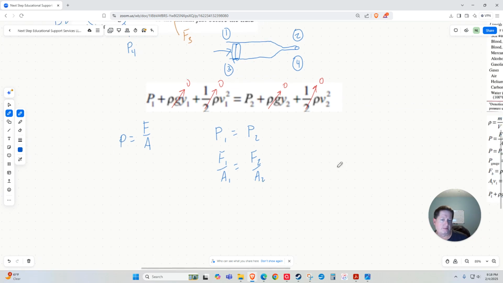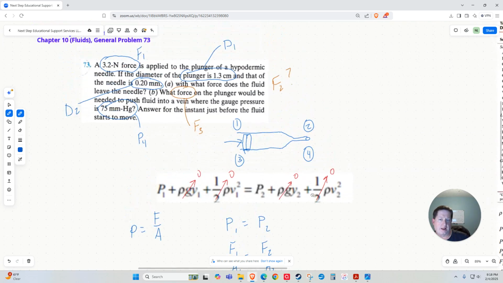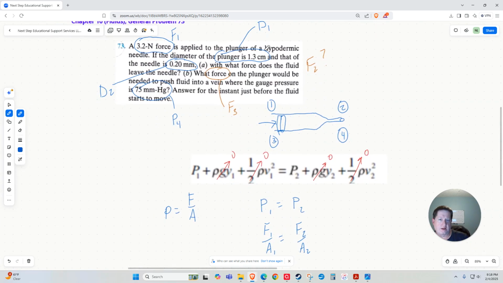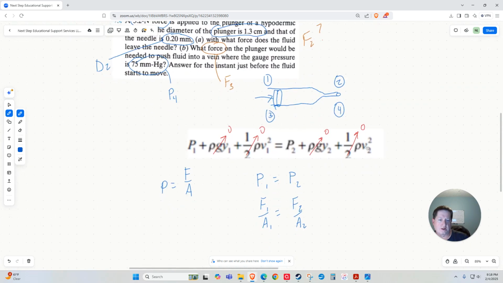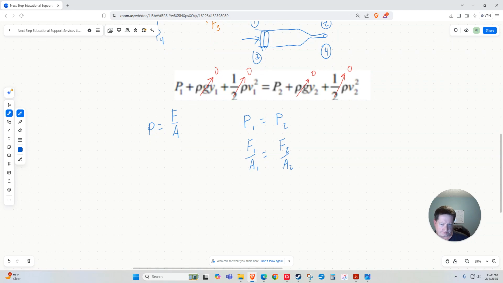Okay. Now for part A, we have F1, and we've got D1, and we've got D2, they want F2. So let's isolate F2. Rearrange that equation. That's going to be F1 times area 2 over area 1.